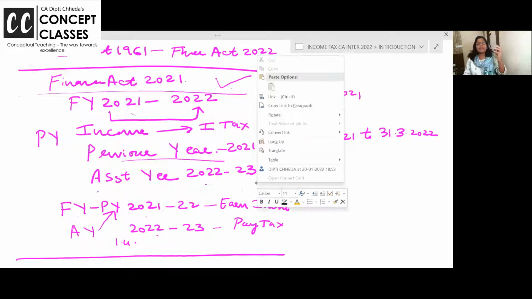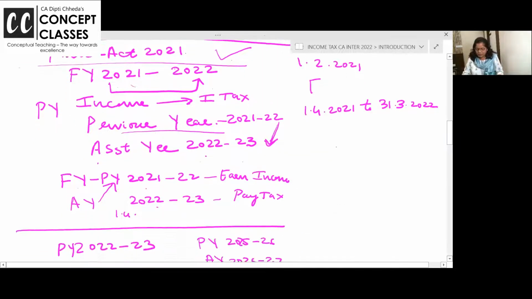I will file my return, pay the tax, everything. Are you getting? So what is the financial year for which you are calculating the income? The previous year, 21-22. When I am assessing the income in the next year, assessment year, 22-23.